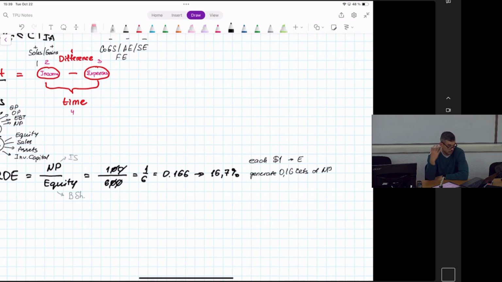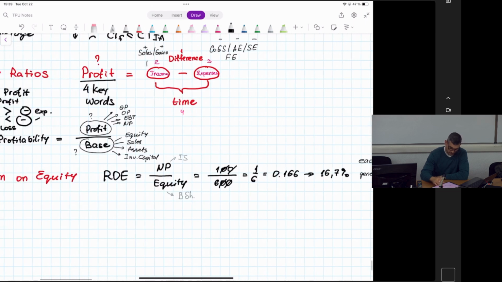Okay? So that's the common sense of the ratio. So if I invest $1, I'll get 16 cents. If I invest $1,000, I'll get $166. Okay? So that's the idea. All right.